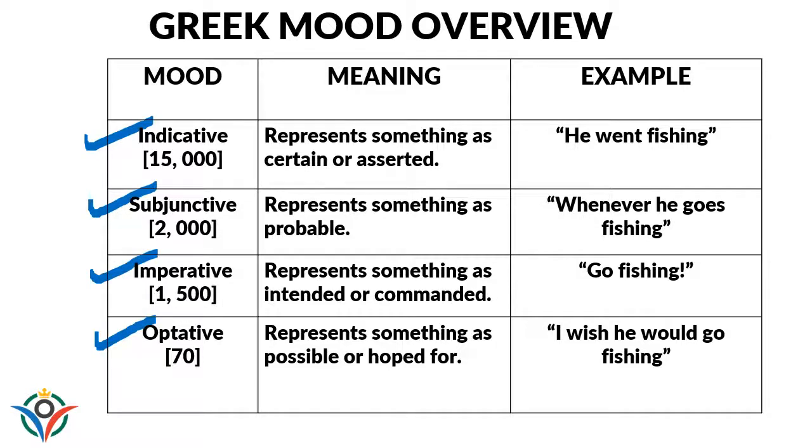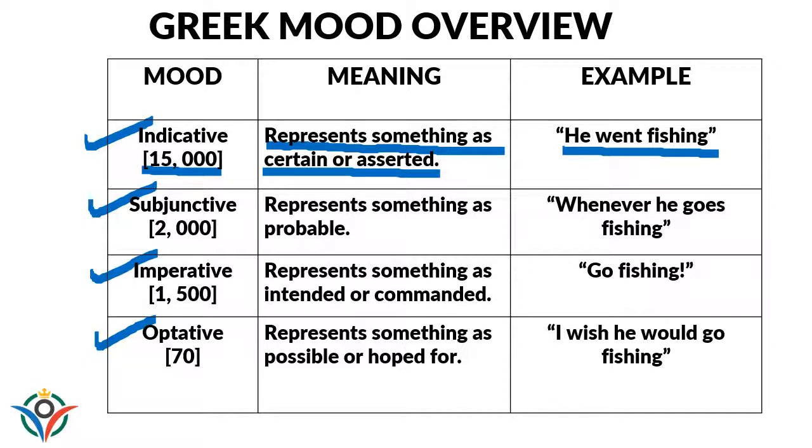So far, we have only been focusing on the indicative mood, which occurs about 15,000 times in the Greek New Testament, far more than any of the other moods. And we've learned that the indicative mood represents something as certain or asserted. So the example that we used previously was he went fishing.